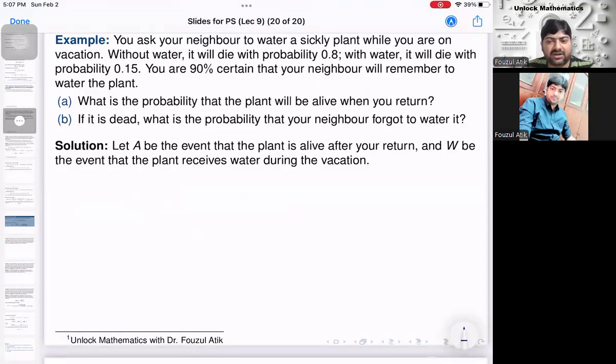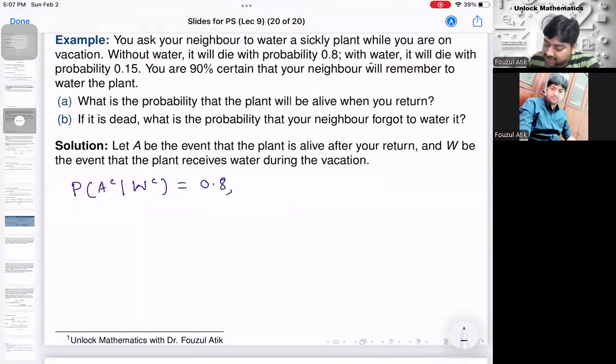So a few of the things are already given here. Let us understand what is given. Without water, it will die with probability 0.8. That means, it will die, and die means the opposite of the event A, the complement of the event A. So P of A complement given W complement, which is 0.8.